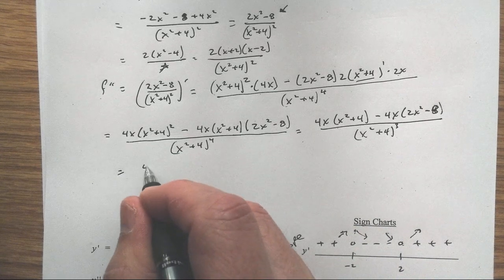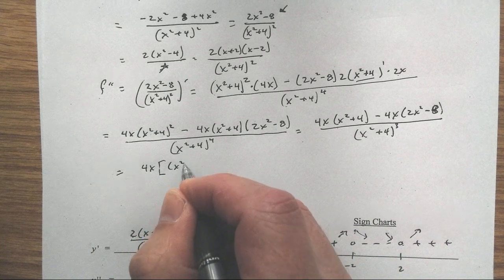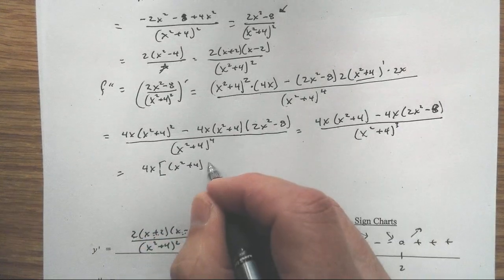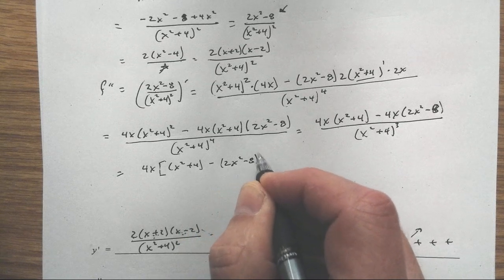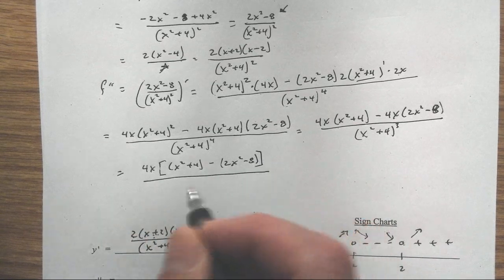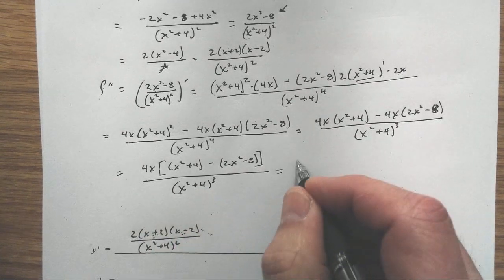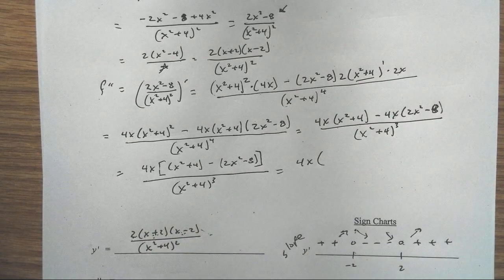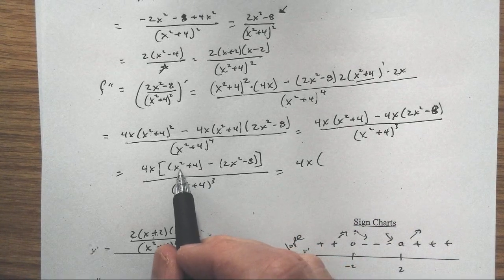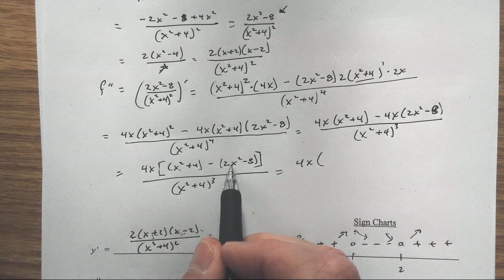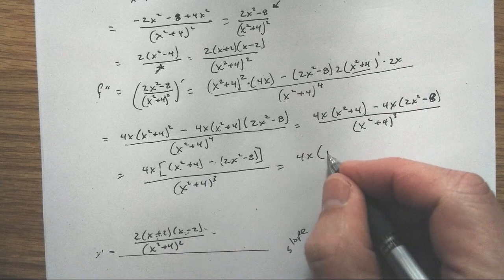So let's go, equals 4x times, we've got x squared plus 4 minus 2x squared minus 8, all on x squared plus 4 cubed, or 4x times, we're getting to a payoff here. Let's see, I've got an x squared minus 2x squared, a 4 minus negative 8, that's 12. I'm going to put the 12 first.